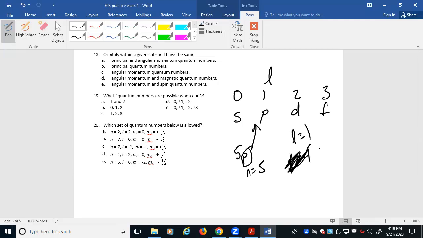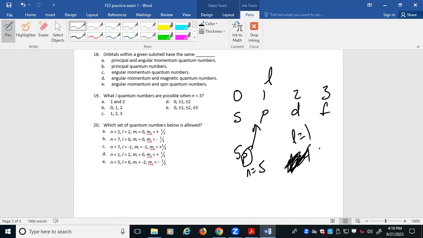So when we're describing a sublevel like that, 5P, 4D, 4F, 3S, whatever it is, that first number is our value of N. Tells us the energy level. That second letter should give us the value of L, because that value of L is fixed based upon the type of orbital that's there.